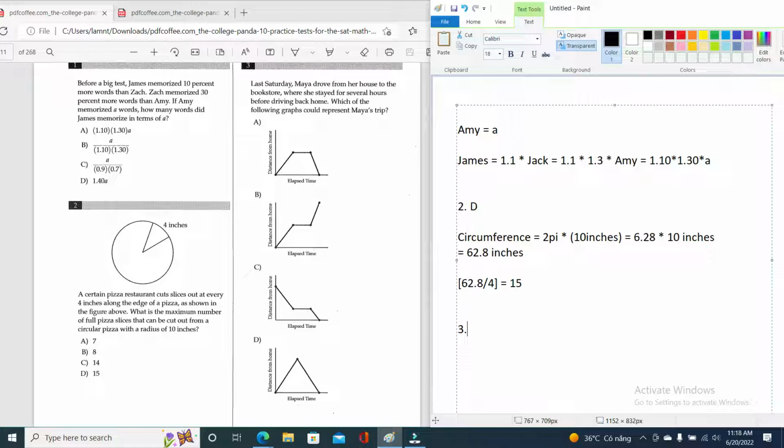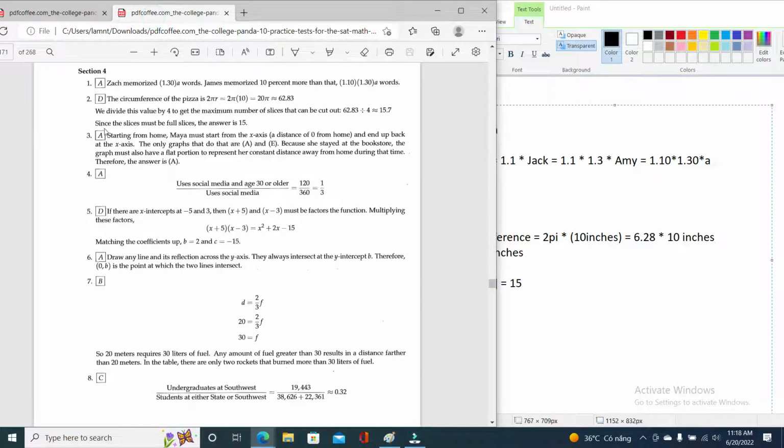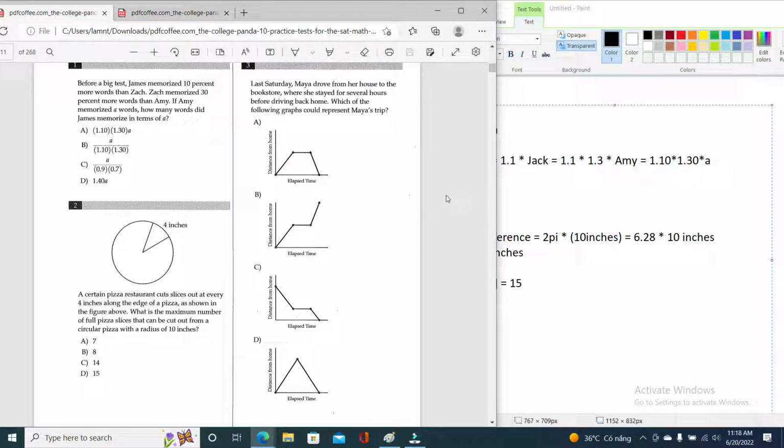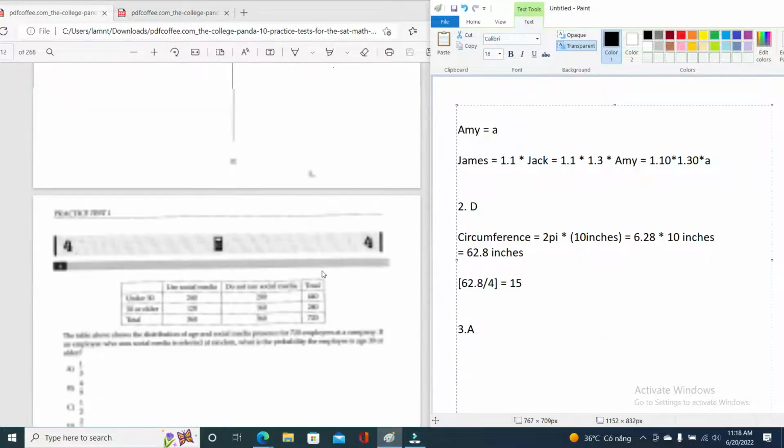So in this case, it should be A. So 3 is A. Because when she was leaving her home, the distance from her home was increasing, and while she was staying in the bookstore, it stayed constant, because she's not moving anywhere, and then when she's traveling from the bookstore home, the distance is decreasing. So 3 is A. Number 4.